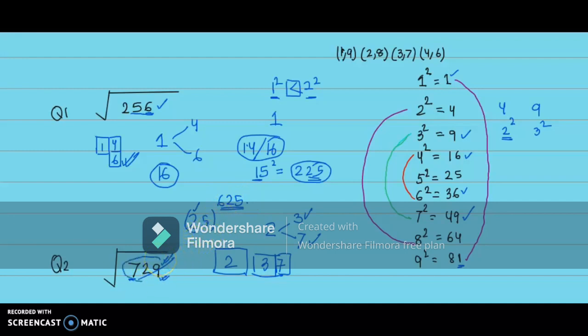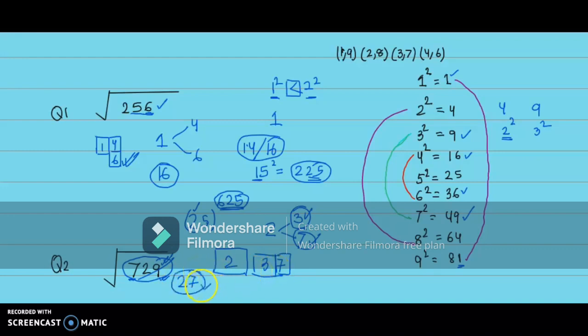Now if the number given in the question is greater than 625, then we will select the greater value. If it is smaller, then we will select the smaller value. Here the question has 729, which is greater than 625. So out of 3 and 7, we will go for 7, so 27. 2 and 7, not 2 and 3.